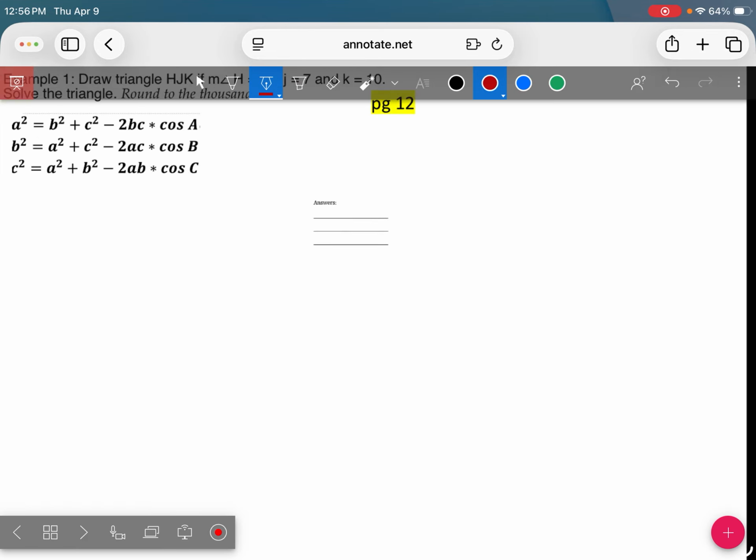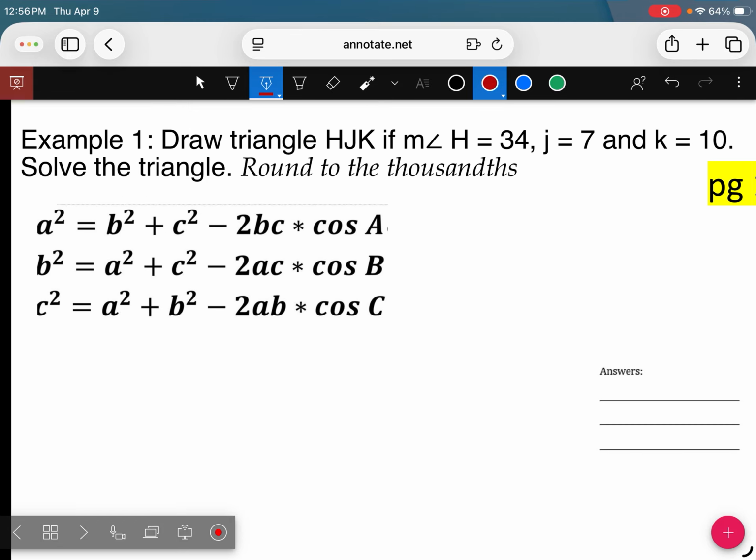Okay, so let's look at example 1 on page 12. I have triangle HJK. And they tell me that H is 34, little j is 7, and little k is 10.